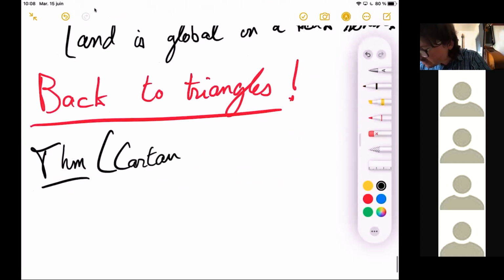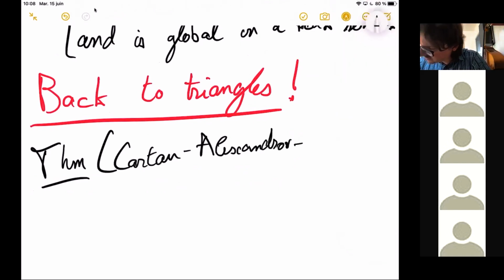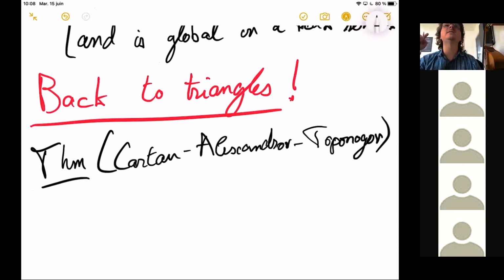So maybe Cartan, Alexandrov, Toponogov. Although there seems to have been, at the beginning of the 20th century, an Italian mathematician who had more or less figured it out, but in a strange language.